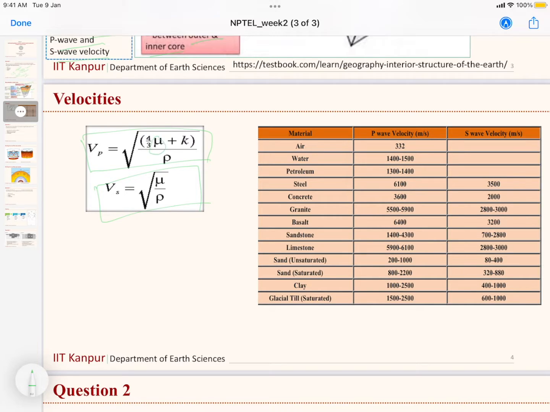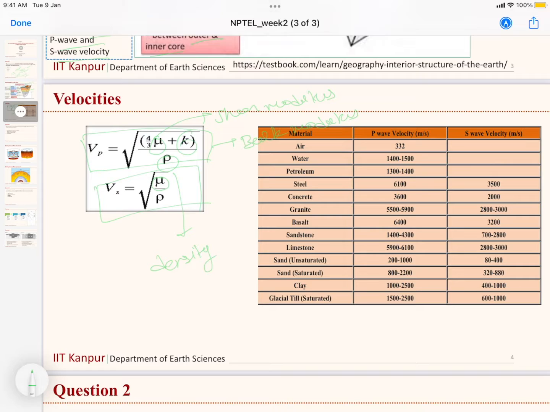Here mu represents the shear modulus, K represents the bulk modulus, and rho represents the density.